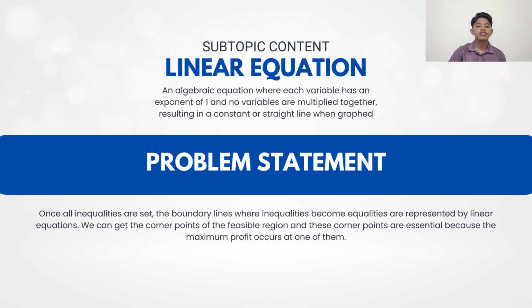The problem that requires linear equations is, once all the inequalities are set, the boundary lines where inequalities become equalities are represented by linear equations. We can get the corner points of the feasible region, and these corner points are essential because maximum profit occurs at one of them. So we are required to find the corner points of the feasible region.